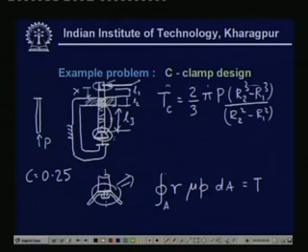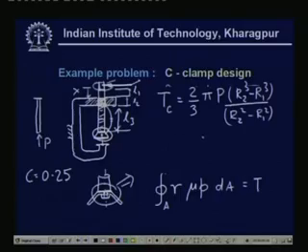Now, once it has started working, after sufficient wear and tear, the surface becomes smooth, and the pressure does not remain uniform anymore. The reasonable assumption is that wear is uniform.